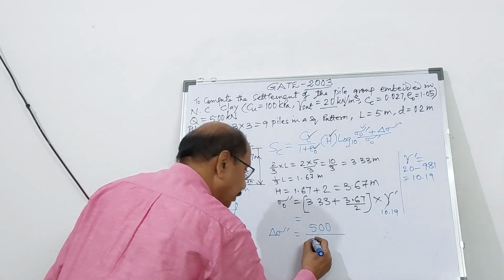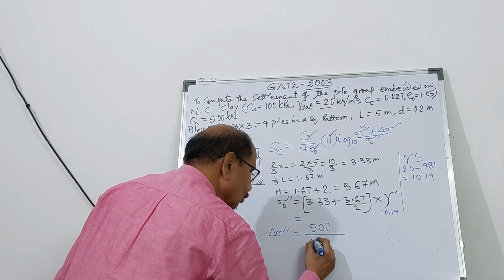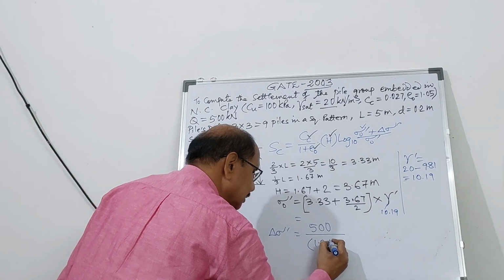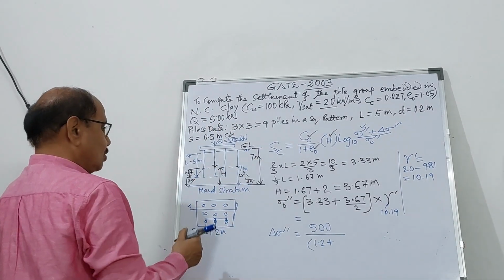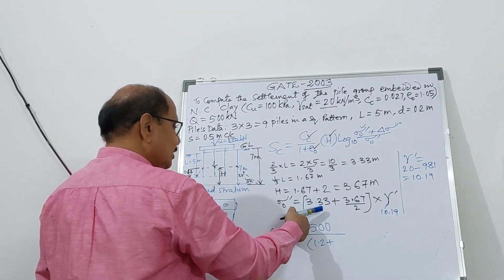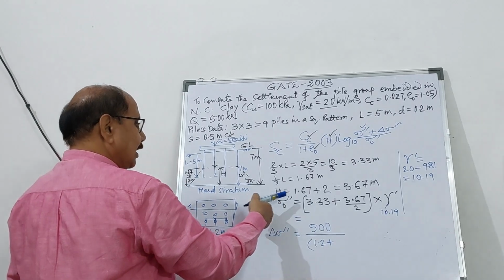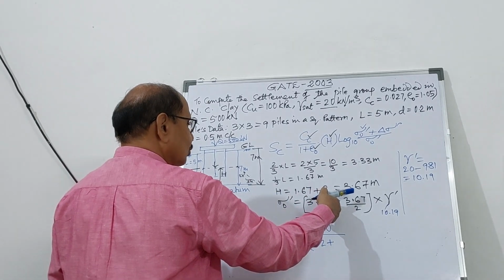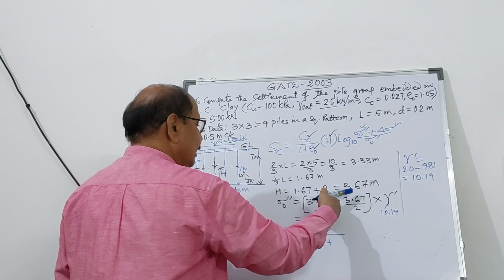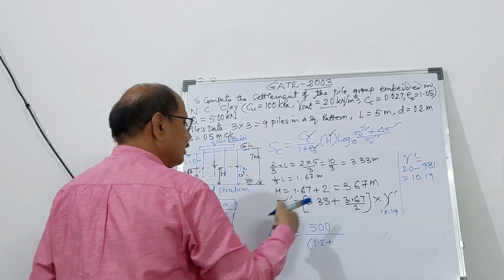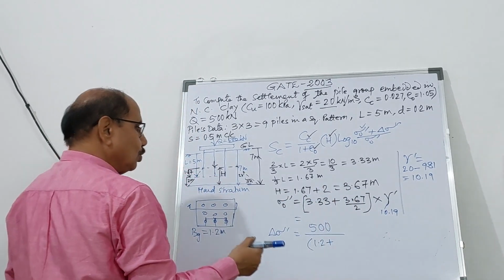So it is going to be 1.2 meter, that is BG plus, what is this? H by 2 is going to be 3.67 divided by 2.